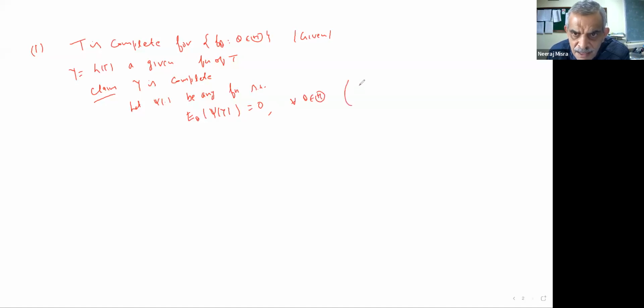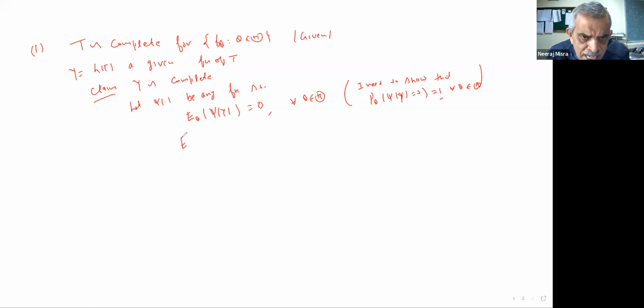I need to show that probability that psi Y is 0 is 1 for every theta belonging to theta. Is that clear? That is what I have to show for completeness of Y.